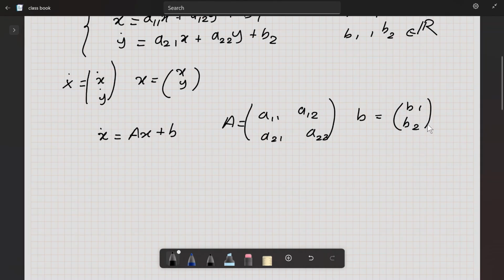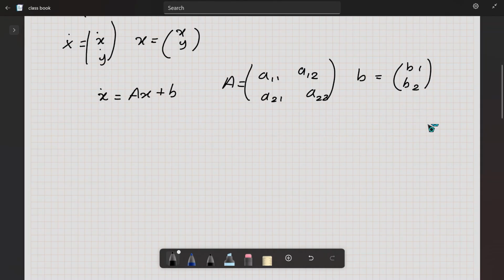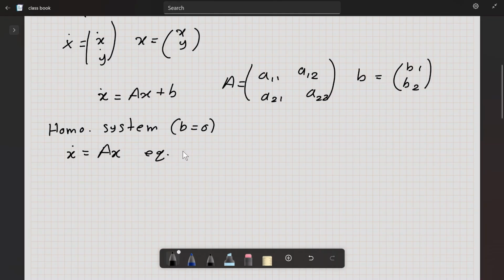Now if we consider this system, we can consider two types. The first one is the homogeneous system. That means b is equal to 0. In this case the equilibrium point is only x equal to (0, 0).